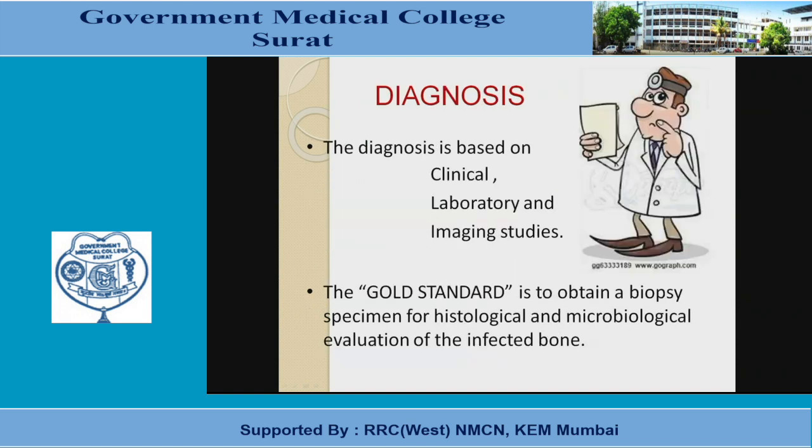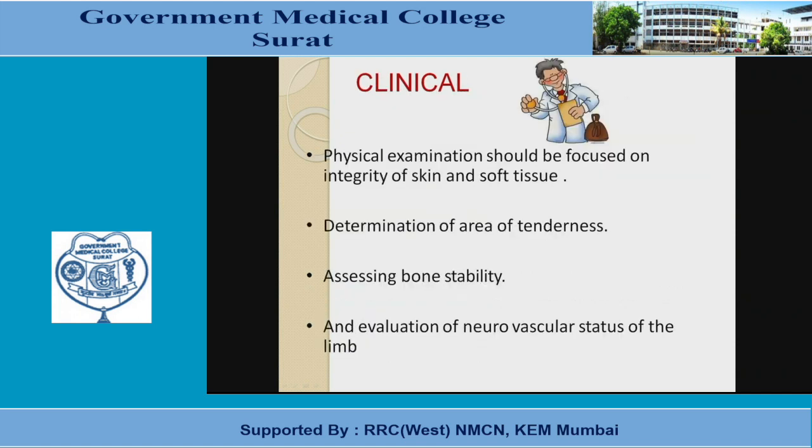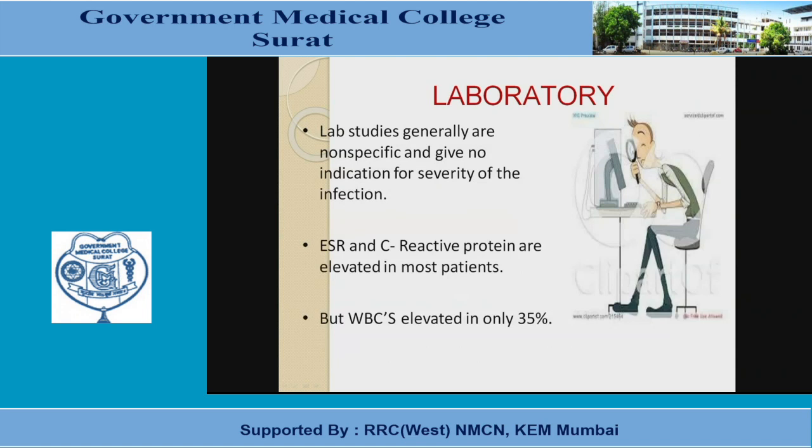Now the diagnosis: the same clinical diagnosis, laboratory and imaging. The gold standard is to obtain a biopsy specimen for histological and microbiological evaluation. On clinical physical examination, we have already seen this, but here we have to assess the bone stability, because in type 4, where there is diffuse involvement of the bone, it is associated with instability, and evaluate the neurovascular status of the limb.